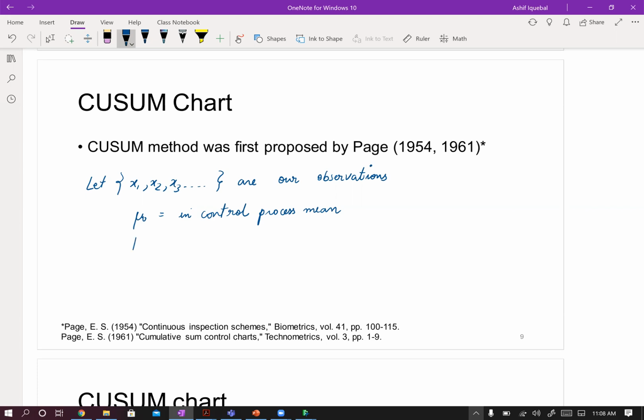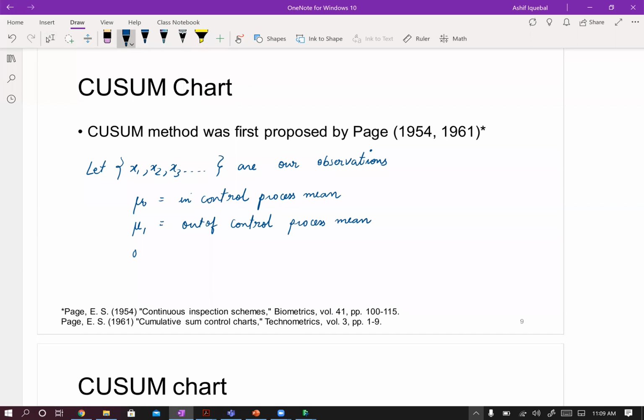And when the process mean changes, let's call it mu1. Mu1 will be our out of control process mean. And let's also define the standard deviation. Let's call this sigma naught. This is the standard deviation of our observations, which are our x's.